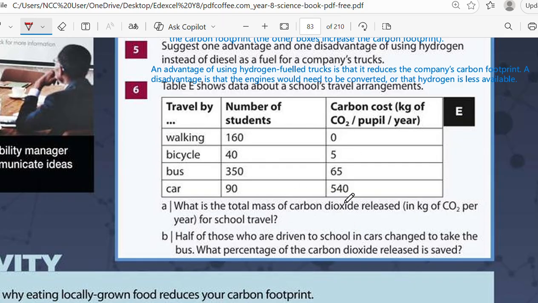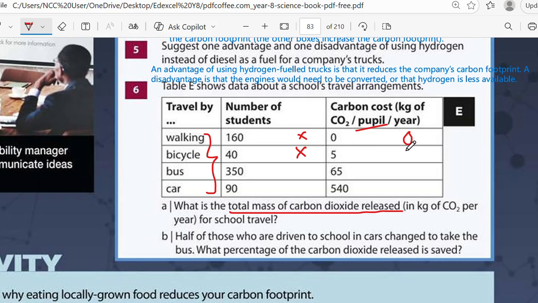Right, so to calculate this one, they want total mass of carbon dioxide released, that means kilograms of carbon dioxide per year for school travel. It includes all 4. This is the carbon cost per pupil. So if 160 children went, you have to multiply this by 160. So here it's 0. This one, so you have to multiply these two values, right?